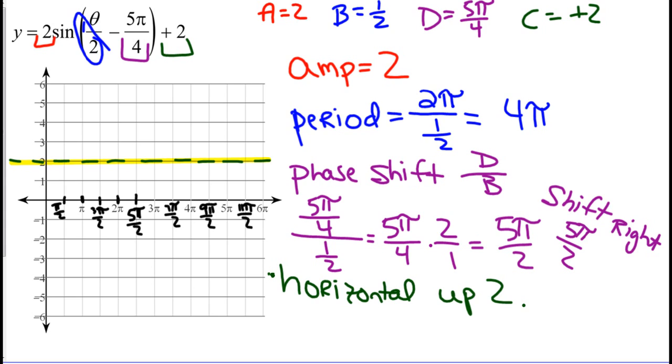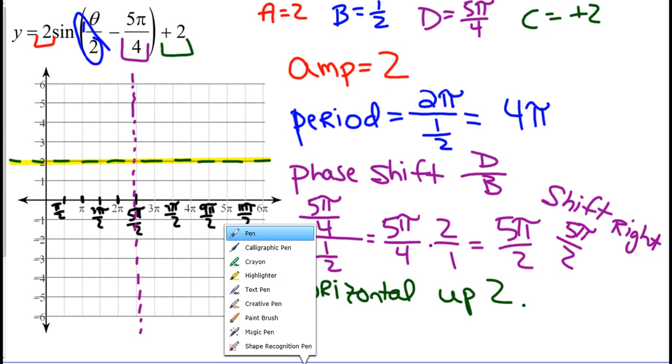All right, so we are going to shift right 5 pi over 2. Instead of starting on our y-axis, we are going to make a new y-axis at 5 pi over 2. That's where we would have to start.